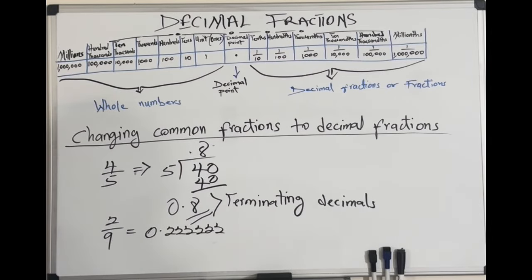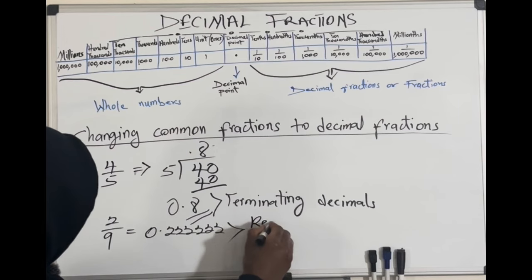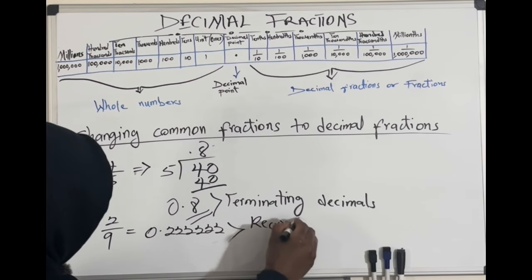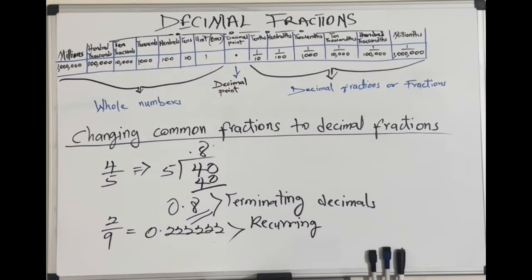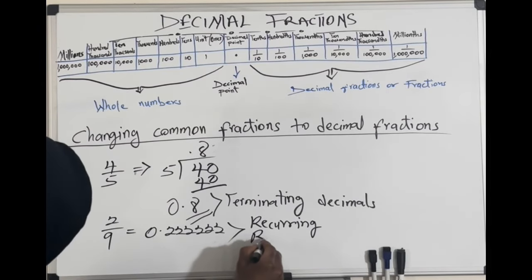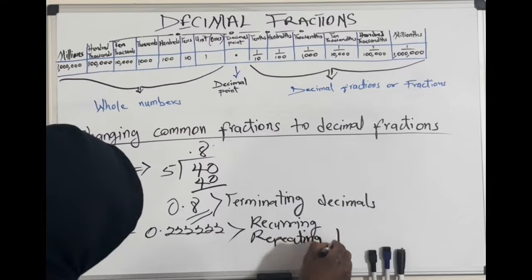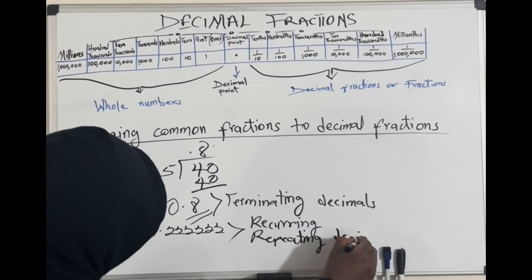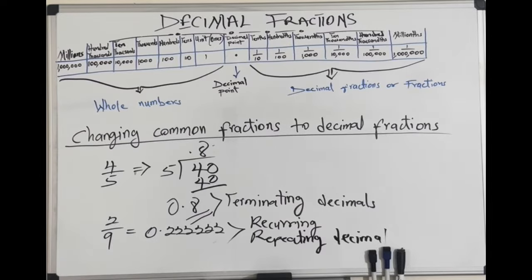It keeps going on, then it's termed recurring or repeating decimal.